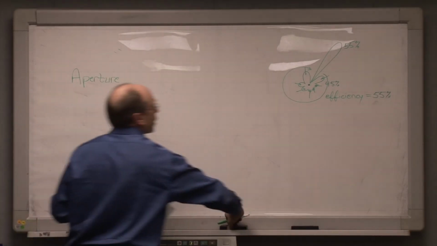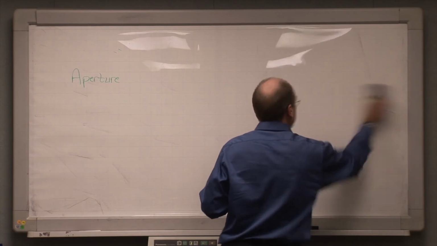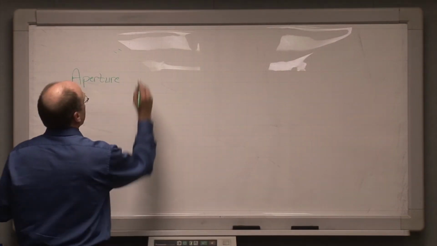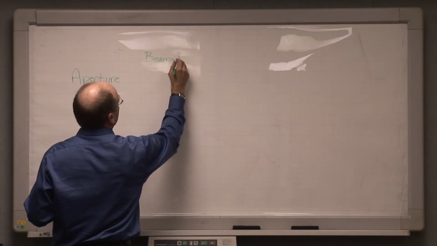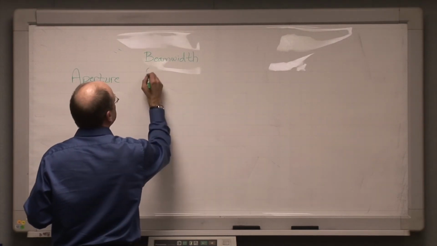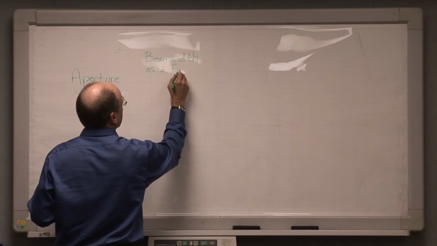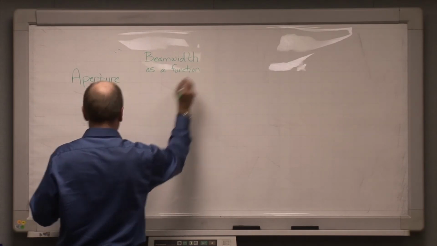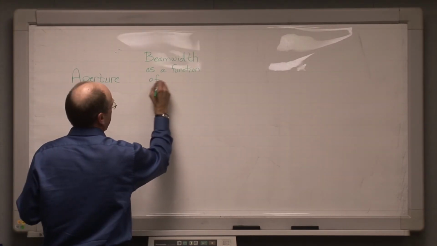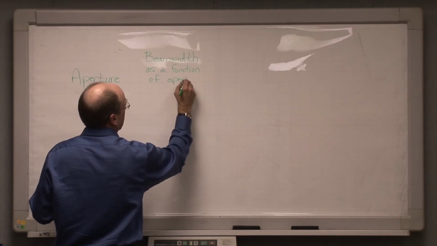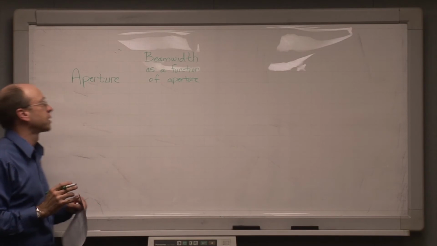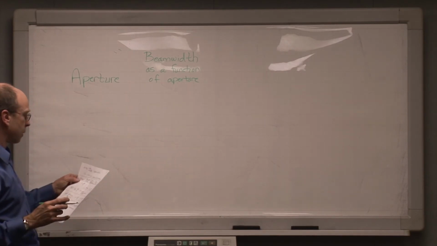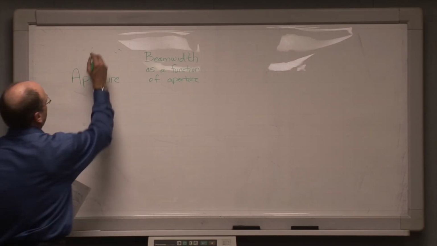of the antenna. I'm going to go ahead and erase this. And then I'm going to write the beam width as a function of the aperture. And we're going to do all of our calculations in natural units. We're not going to use meters or centimeters. We'll do all the calculations in terms of wavelength.